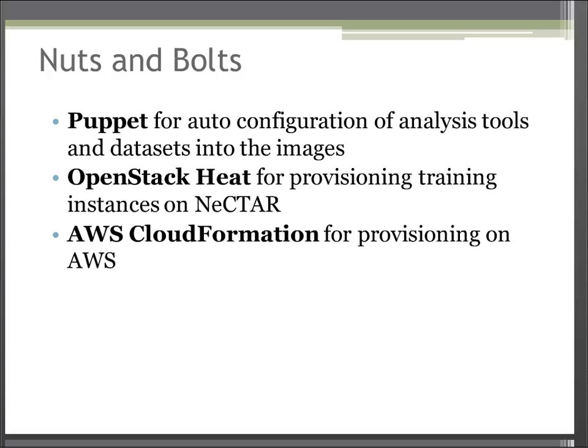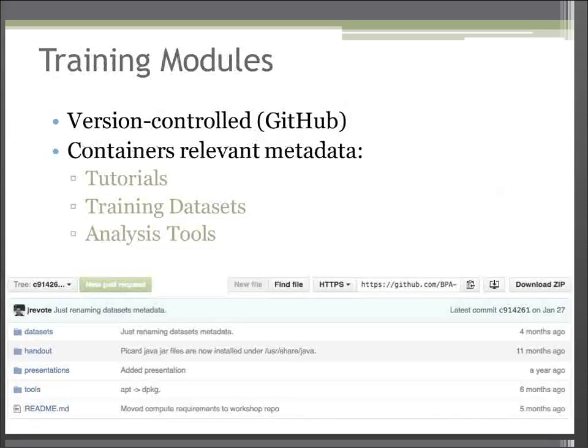And for Amazon, we're using AWS CloudFormation. So we have developed templates that are compatible with these orchestration services so that it allows easier and faster deployment of training instances on these cloud environments.